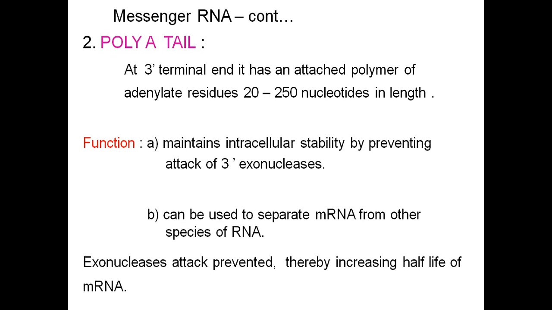The function of the poly A tail is that it maintains intracellular stability by preventing attack by 3' exonucleases. There are exonucleases which can cut the RNA strands. So to prevent the action of exonucleases, mRNA has protections like the 5' cap and the 3' poly A tail.